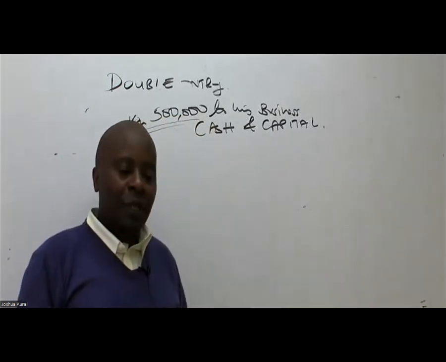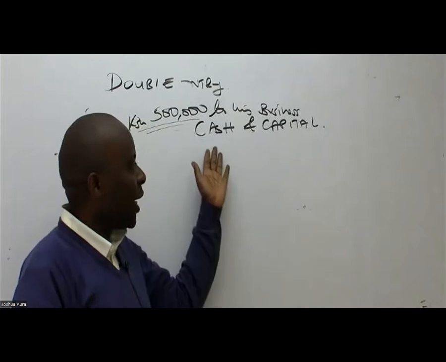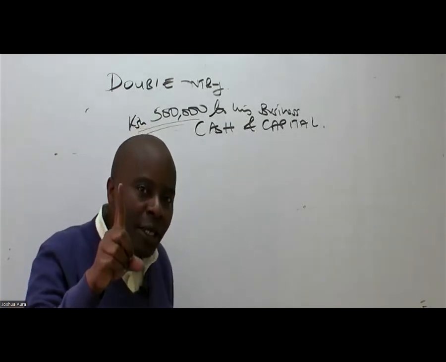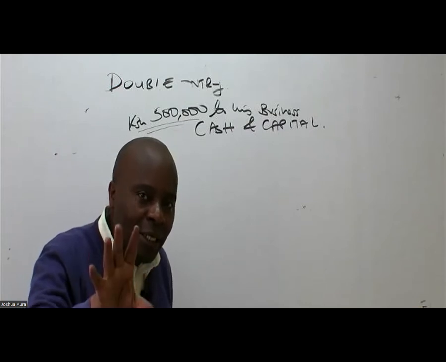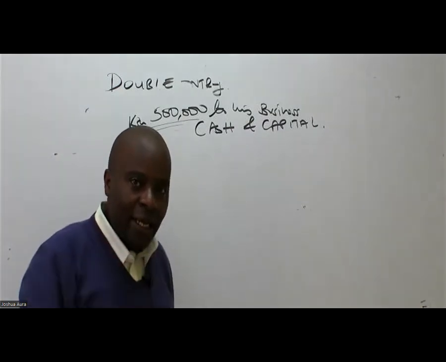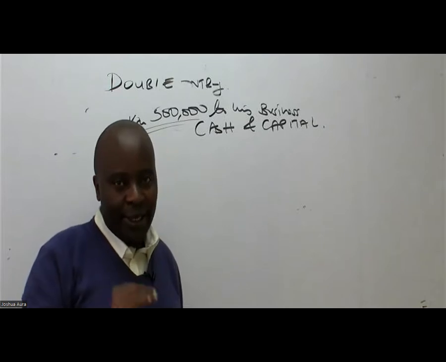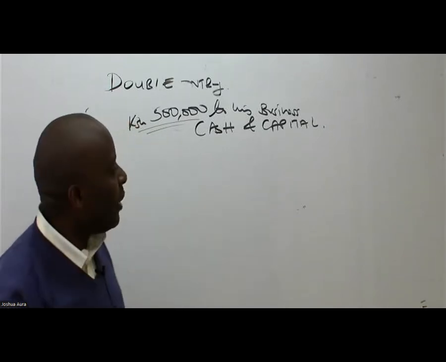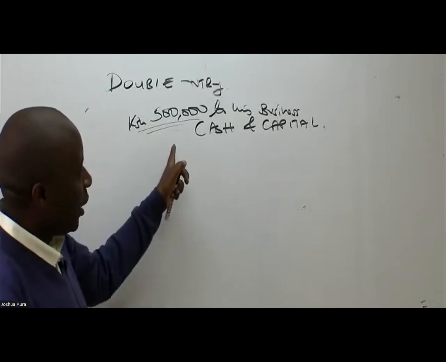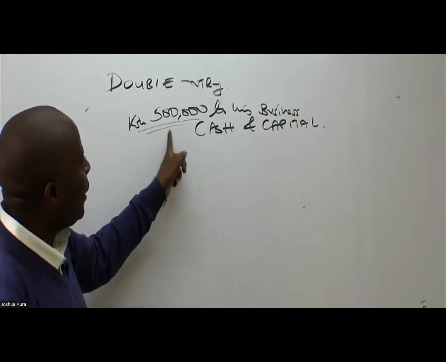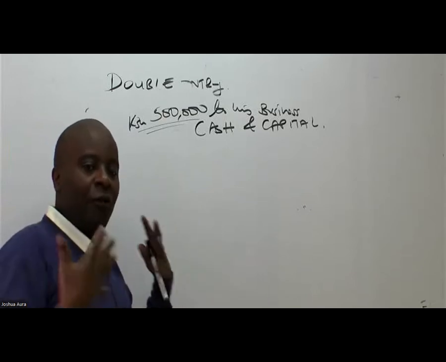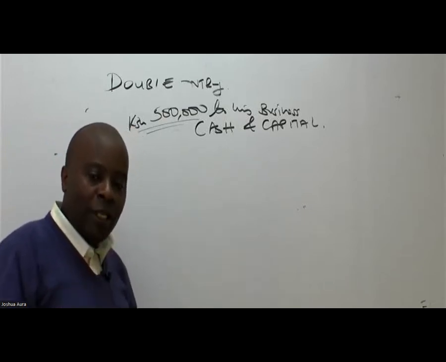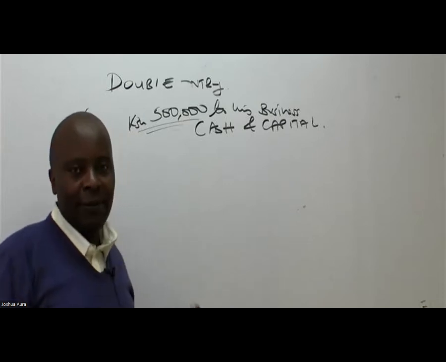Now, ladies and gentlemen, cash is a company's what? Asset. Cash is an asset, a current asset for that matter. Very important. Now, if you tell me to capture this in the form of double entry, first of all, I've got to know which two accounts are being affected.